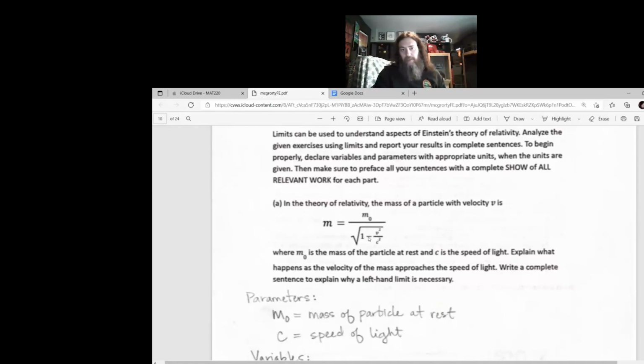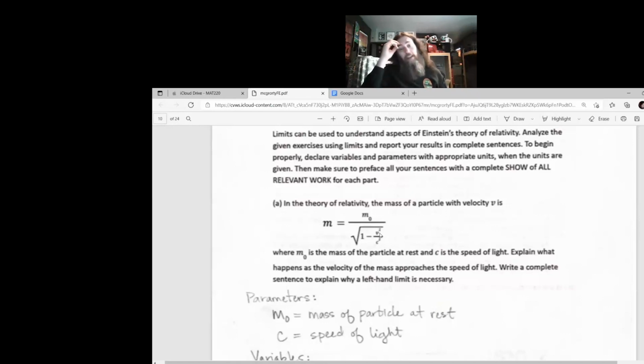They're going to subtract from this 1, and we're going to have a radicand of 0, which gives us an undefined fraction here, making the velocity reaching the speed of light impossible because we're going to be undefined there.